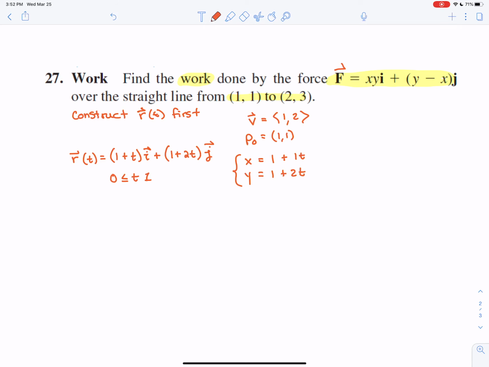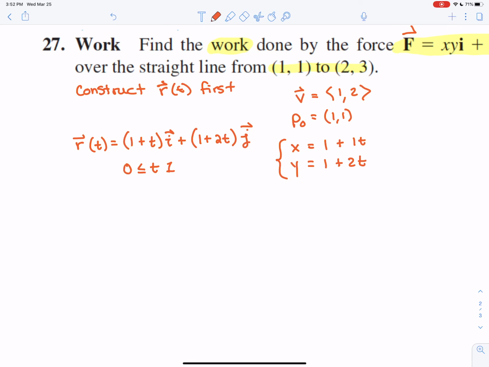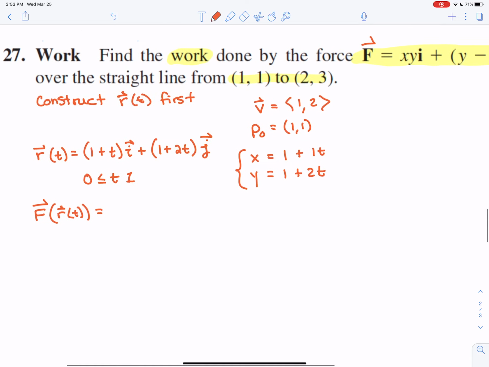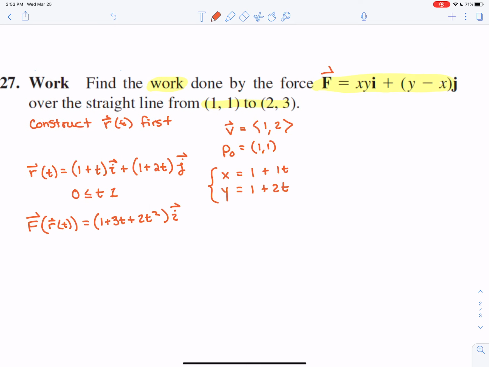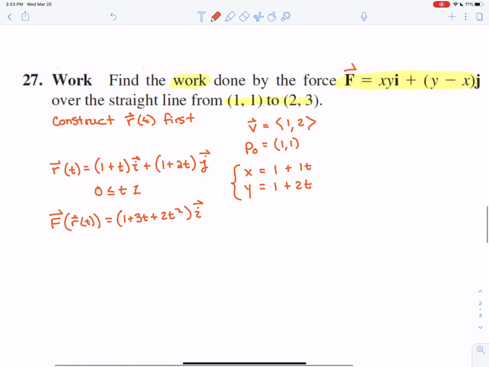So in this case, F of r of t will become, so x times y, so we basically have to FOIL these, so x times y will become 1 plus 3t plus 2t squared. Yep. In the i direction. And then it's y minus x. So it's the difference between y and x in the j direction. Let me move this down real quick.